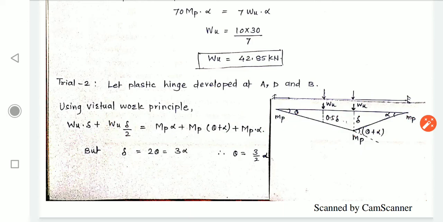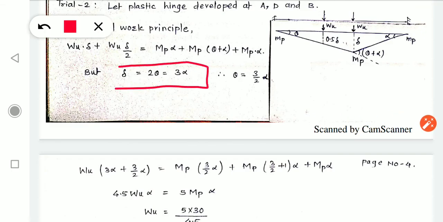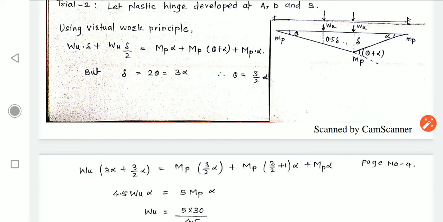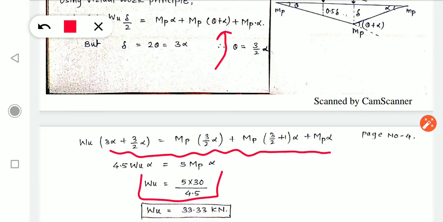Okay, I hope by this time you will also get used to writing this equation. Deflection delta is written in terms of theta and alpha. You have understood that you must write theta and alpha. From there you will get the deflection values in terms of alpha and theta. Put those values in the actual equation I wrote over here and simplify it for Wu.